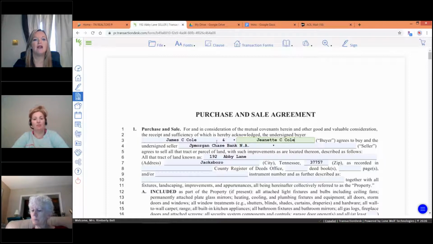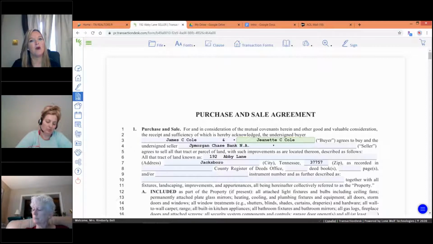So then the seller's name is not always what's on the MLS. It's not always what's in the CRS. The best way that I have found to find out the seller's proper name is to look at the agency disclosure, the confirmation of agency, or the disclosure itself, because there is going to be the names of the people that you're dealing with.